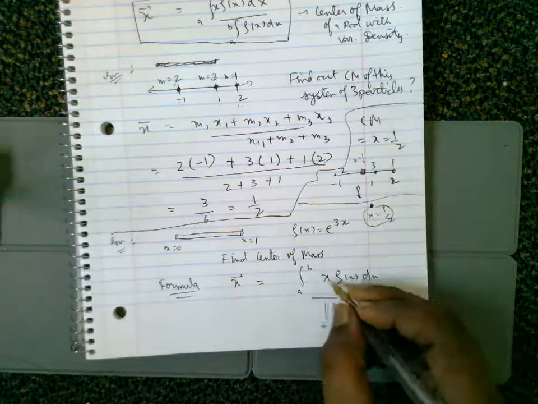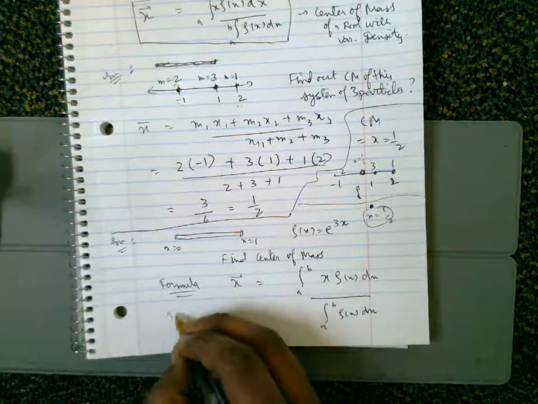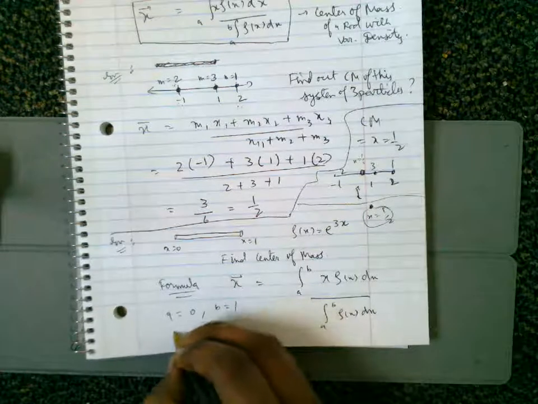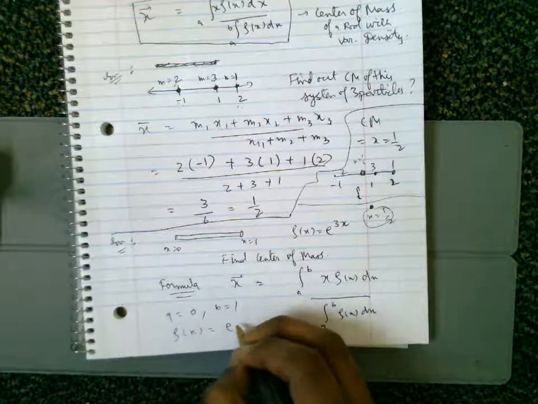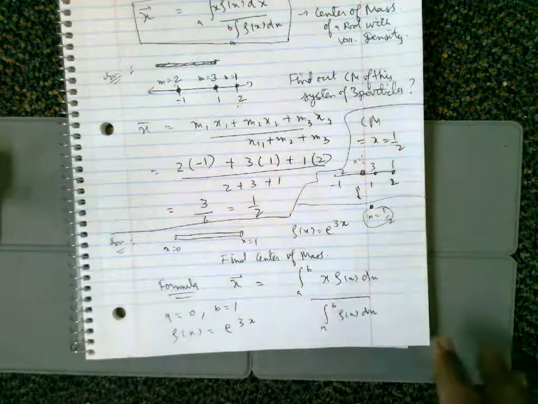So we want to do two integrals, and in the question a is equal to 0, b is equal to 1, and rho of x is equal to e to the power 3x. So we want to do this integral.